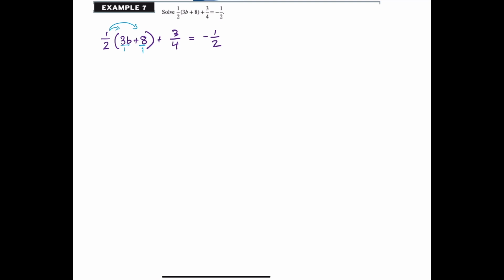When you're multiplying fractions, multiply top times top, bottom times the bottom. So 1 times 3b is 3b, and then 2 times 1 is 2. 3b over 2 plus 8 over 2, which will become a 4. We'll leave it like that for now.